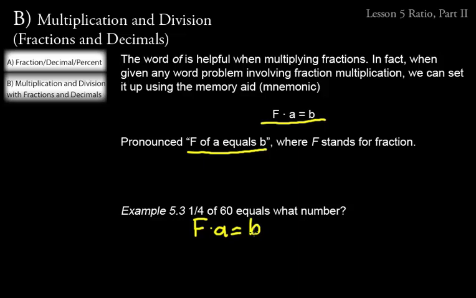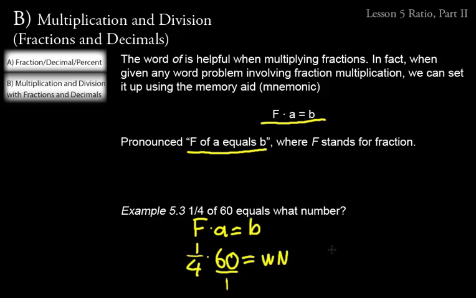So 1/4 of 60, that's like saying 1/4 times 60. So F is 1/4, dot for times, 60 is the A, equals, and we'll just say WN for what number, for the B. 1/4 of 60 equals what number? So 1/4 times 60 is like saying 1/4 times 60 over 1, right?